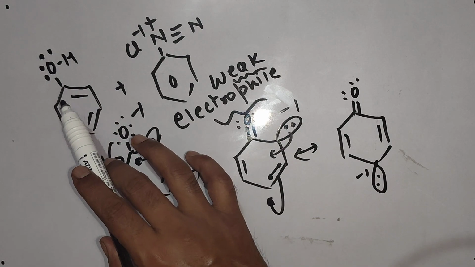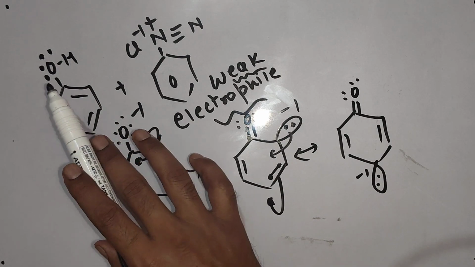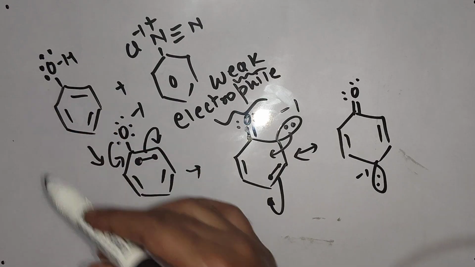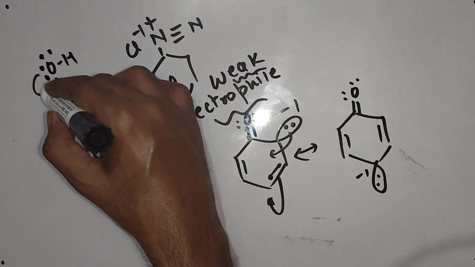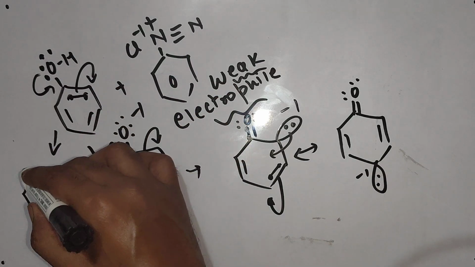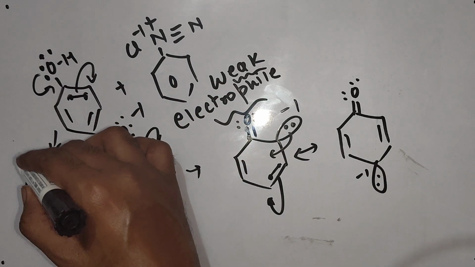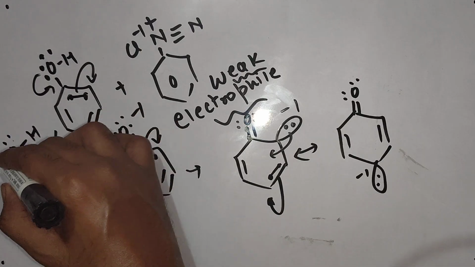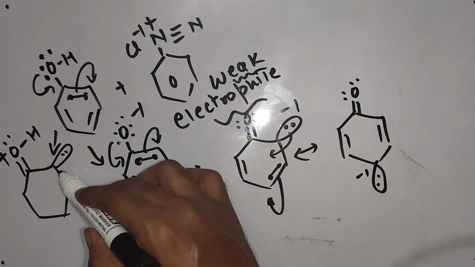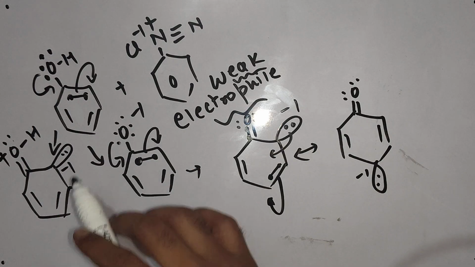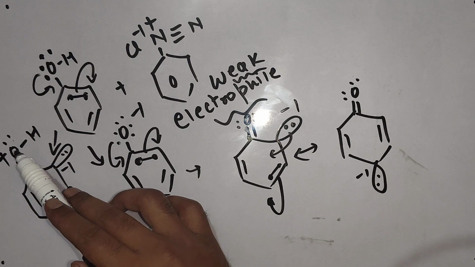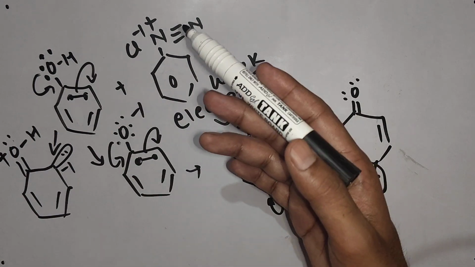Phenol can also do it. This phenol particle can also do it. But the problem is, when you make the resonance of a normal phenol, a double bond forms and positive charge will come on this oxygen. No doubt there is a lone pair here, a negative charge here, and further movement, but the oxygen is carrying a positive charge. Positively charged oxygen is highly unstable.